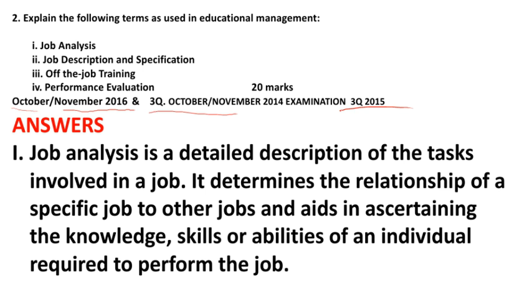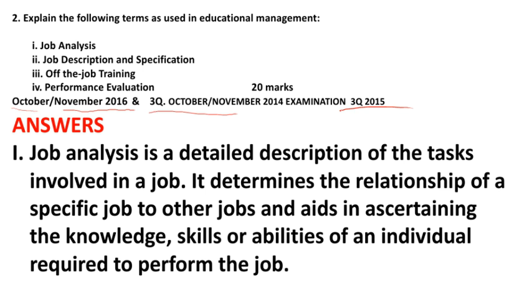And to answer this question, number 1, job analysis is a detailed description of the tasks involved in a job. It determines the relationship of a specific job to other jobs and aids in ascertaining the knowledge, skills, or abilities of an individual required to perform the job.